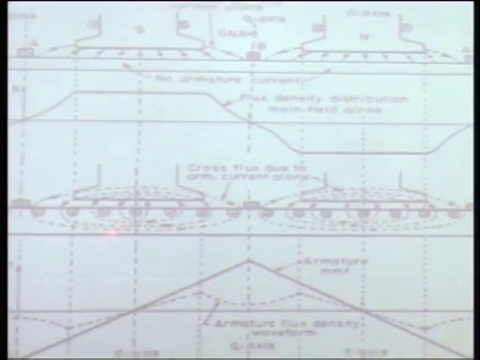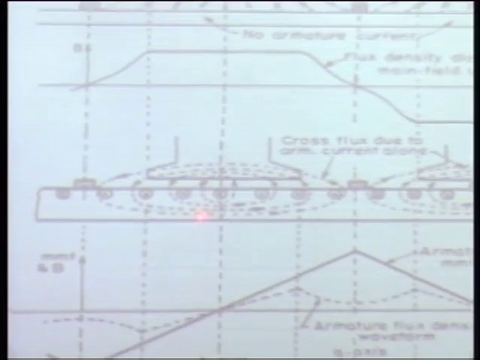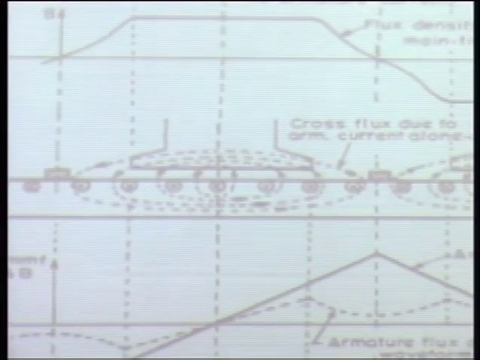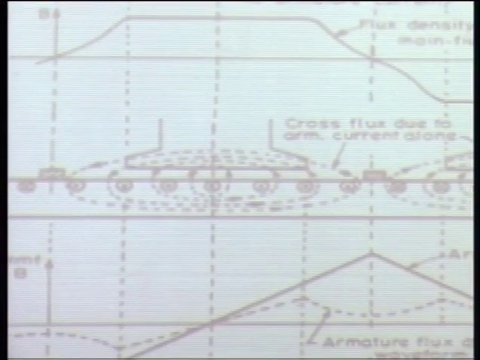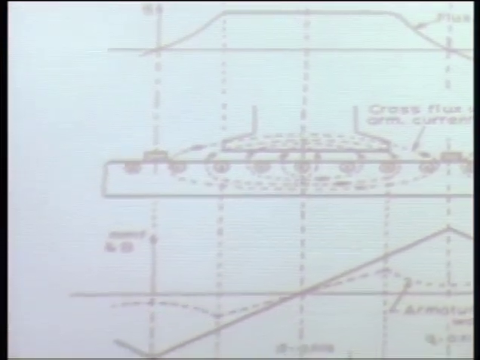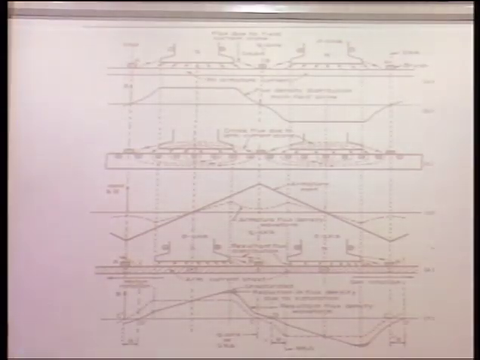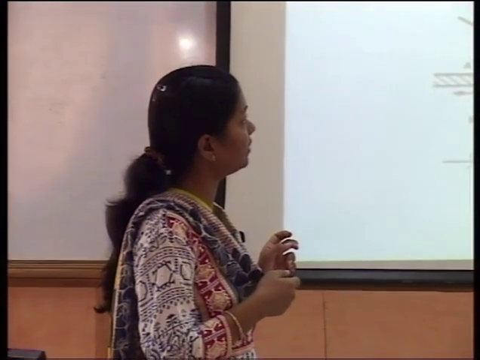Now we are considering the armature MMF and then the armature flux. So armature MMF is basically the number of turns times the current carried by the armature conductor. The armature conductors are on the armature periphery.